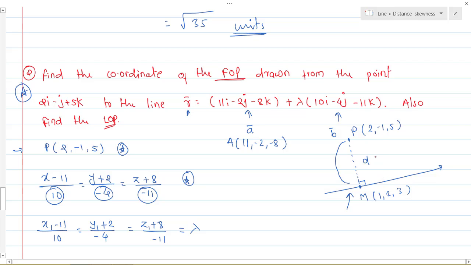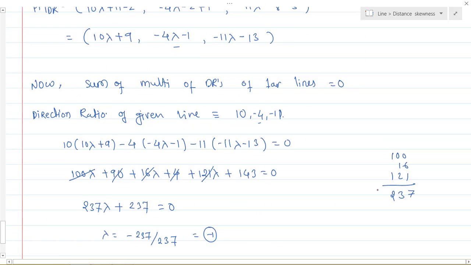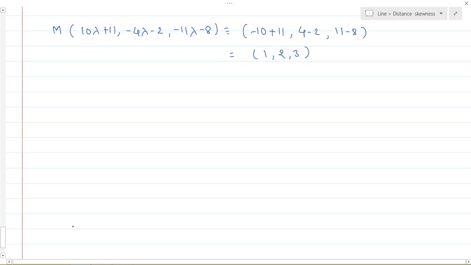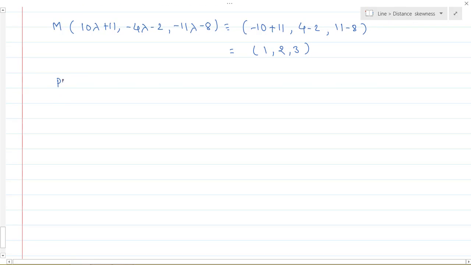It is the distance formula, root of (x2 minus x1) squared plus (y2 minus y1) squared plus (z2 minus z1) squared. So the distance PM equals root of that. This is my M point, and the P point is 2 comma minus 1 comma 5.